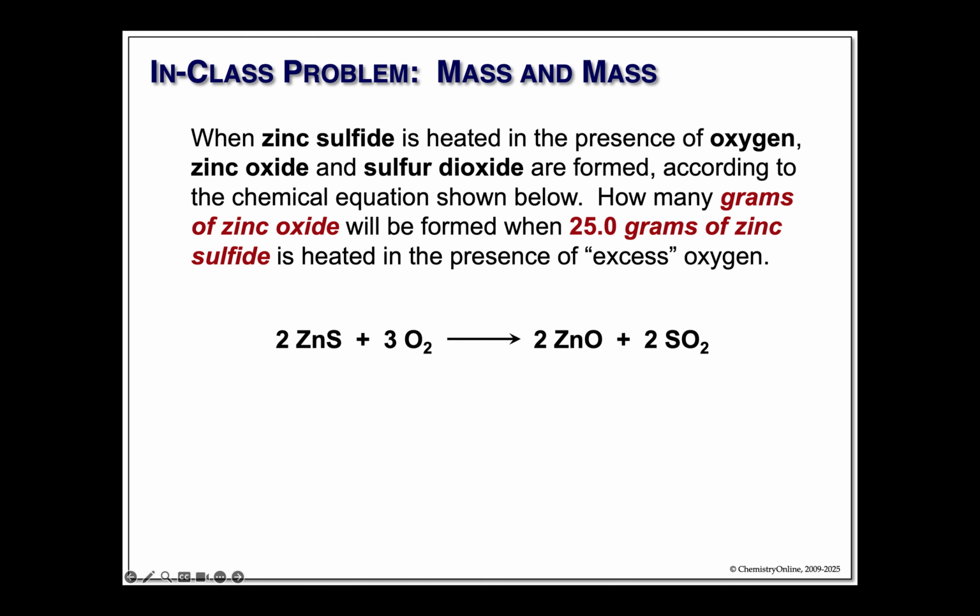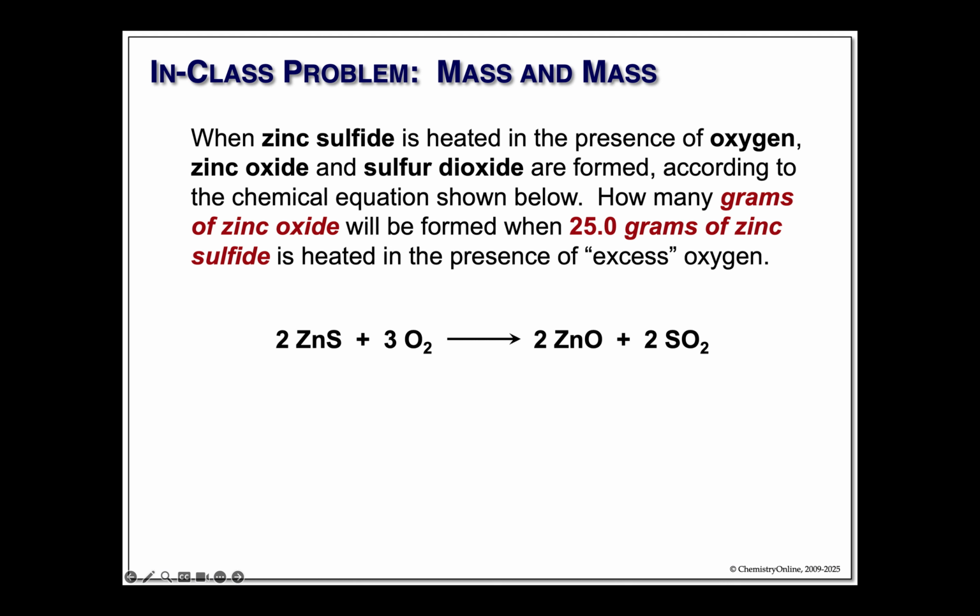We want to know how many grams of zinc oxide we're going to get from 25 grams of zinc sulfide. So it's a real problem. You're going to weigh out 25 grams of this stuff, and you want to know how much of this you're going to get.